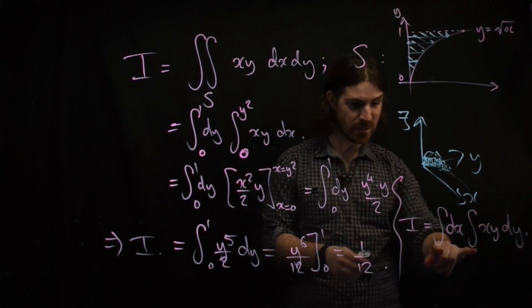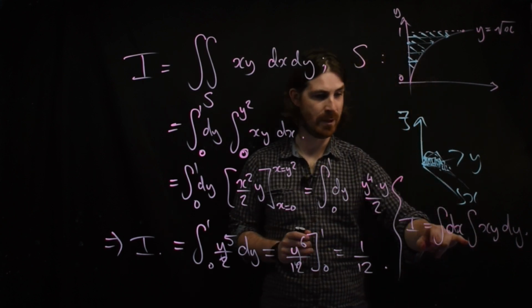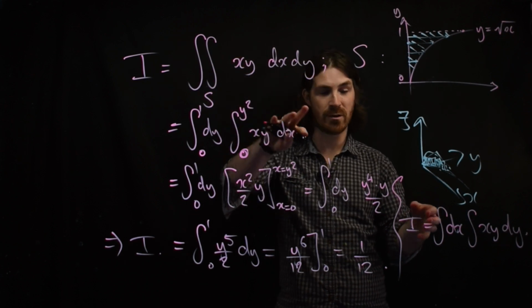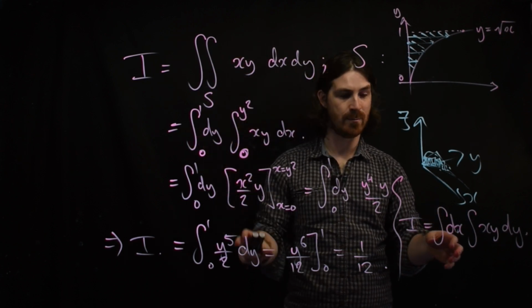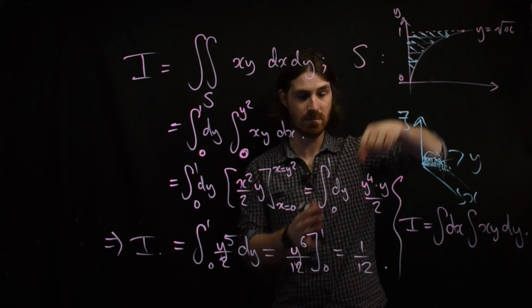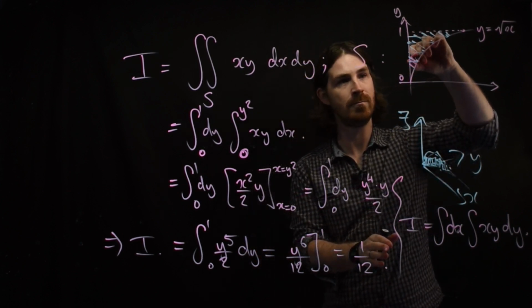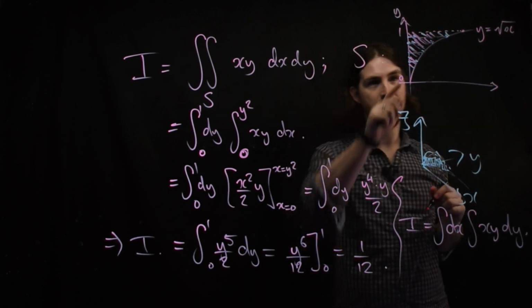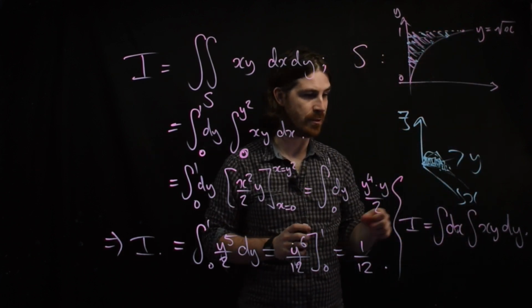Okay, and the limits now are different. That's what you have to think about. You can reverse the order of integration, but this changes the limits. So the region is defined in the same way. It's just this shaded area. Okay, but how we define this area is now different.